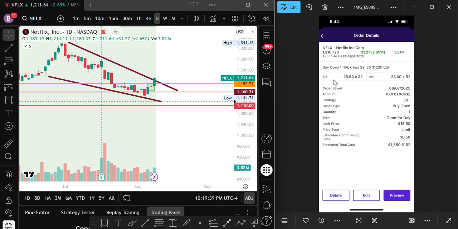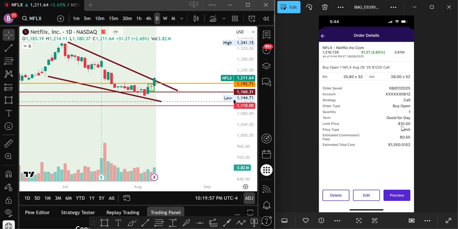As you can see, the going bid price to sell a contract was $2,580, and the current ask price for that same contract was now $2,800.